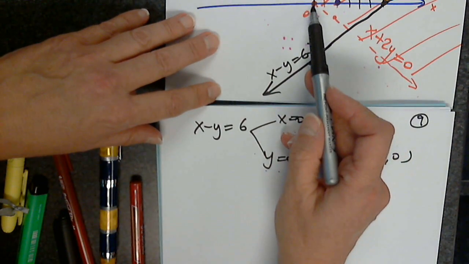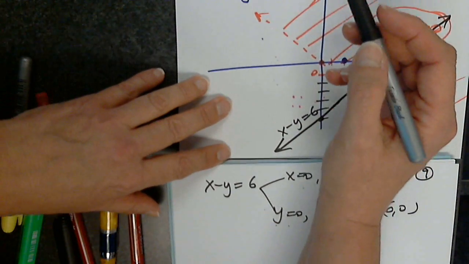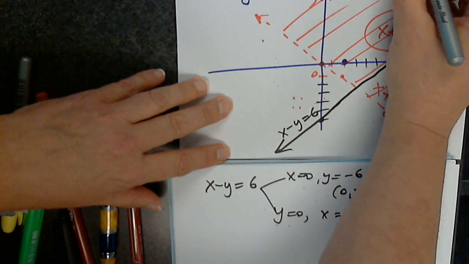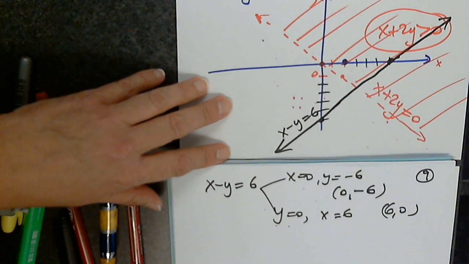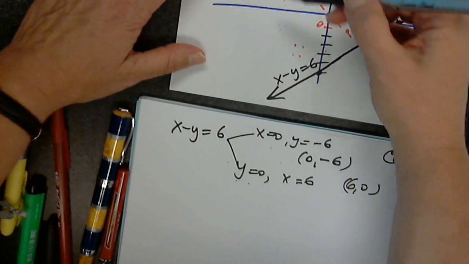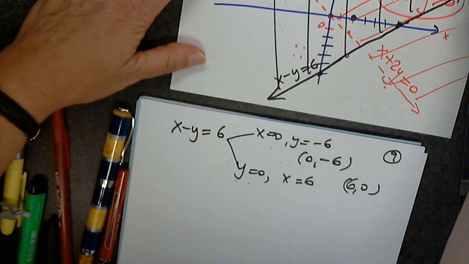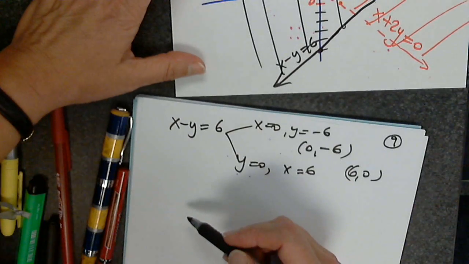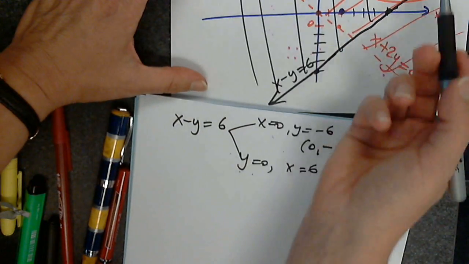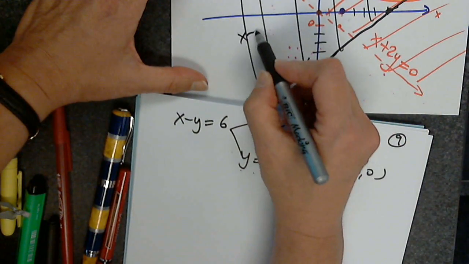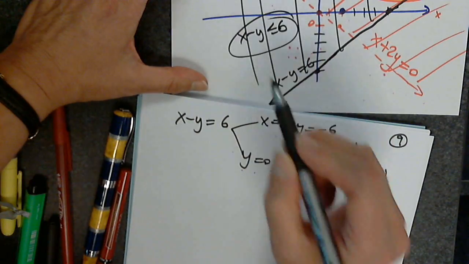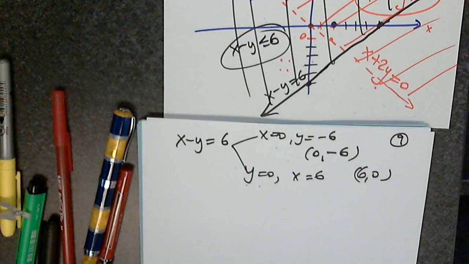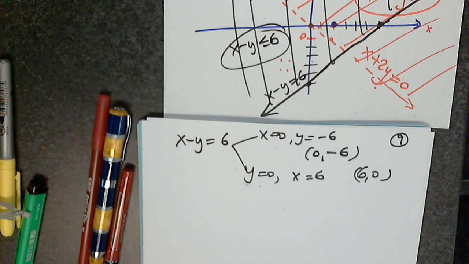I can pick the origin. So go back to the inequality: 0, 0. 0 less than or equal to 6. Is that true? Yes. So I have to shade in the area that has the origin. And this will be the solutions, the territory that gives the solutions to x minus y less than or equal to 6. In order to finalize this and give the final answer, what do I have to do next?